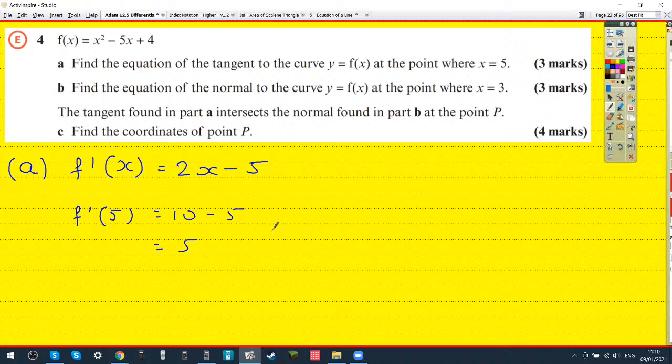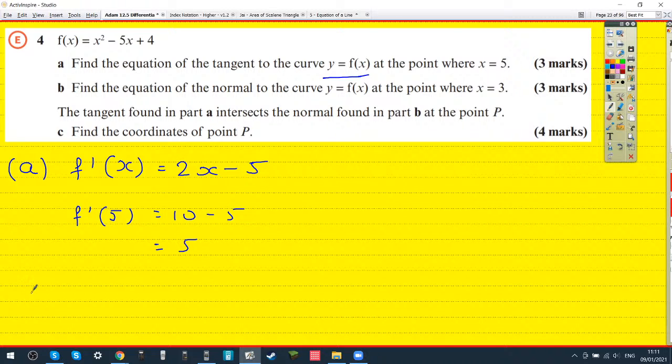And then do we use y equals mx plus c? We would, except we need a y first, and we don't have one. Any idea how we get one? Would you substitute into x squared minus 5x plus 4? You'd sub 5 into that, yeah.